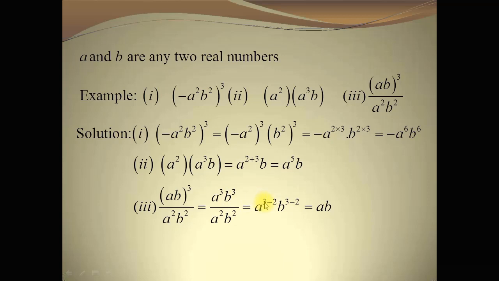So a power 3 minus 2 and b power 3 minus 2, we get a dot b.